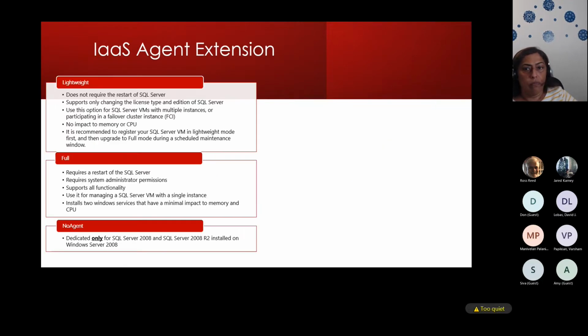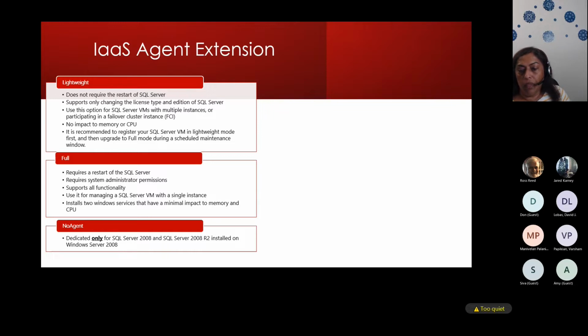Okay, so there are different modes of the IaaS extension. One is the lightweight mode, another is the full mode, and the third one is the no agent mode. So let's talk about the no agent mode because we are not going to talk about it anymore. This is only reserved for SQL Server 2008 and 2008 R2 on Windows 2008.